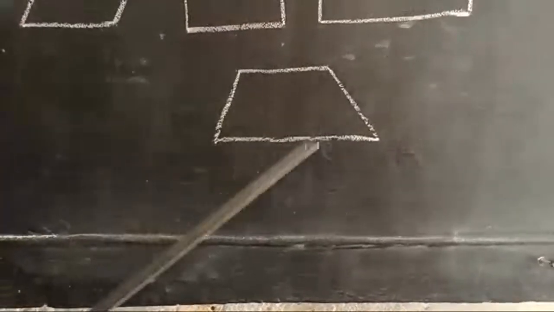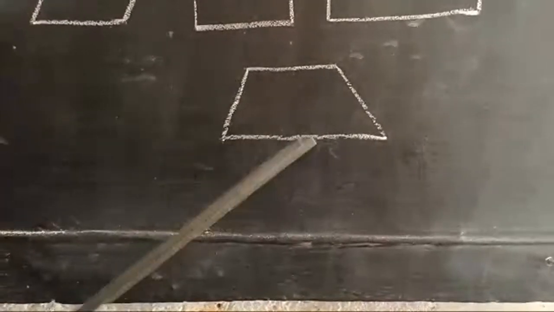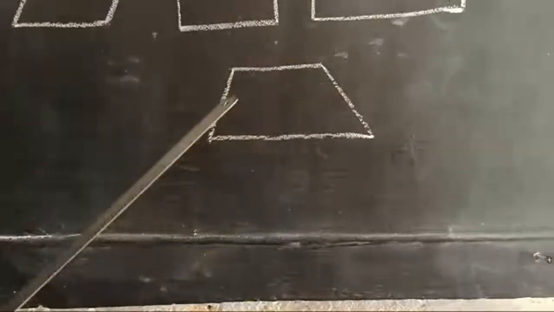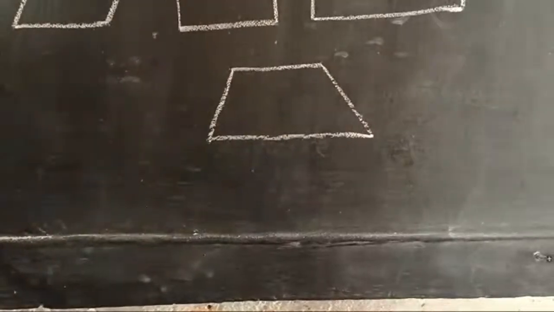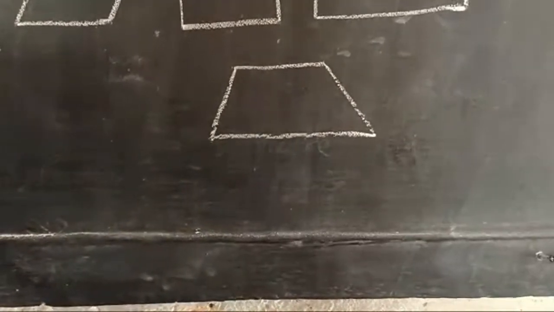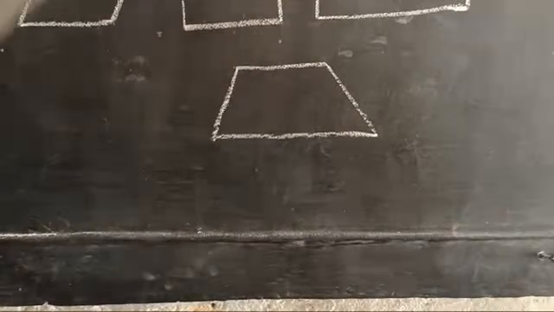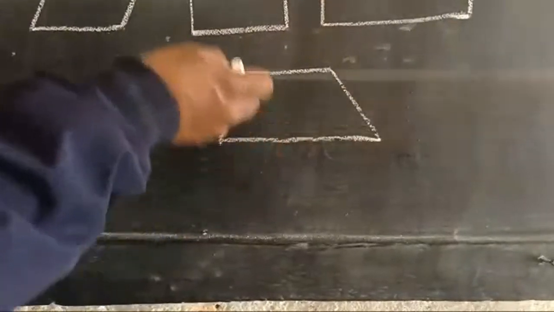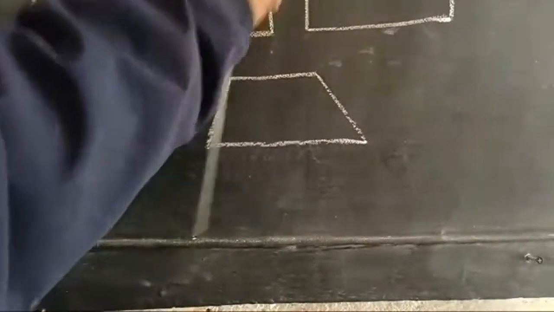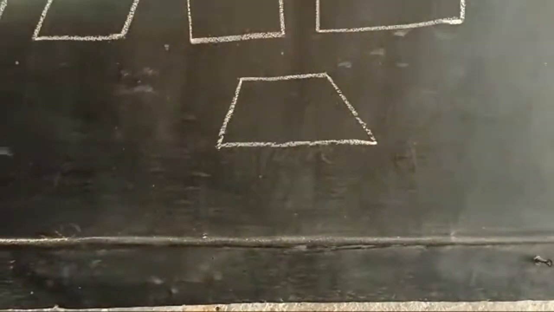There are how many pairs of opposite sides? This is one pair and this is the second pair. Tell about the opposite sides pair.